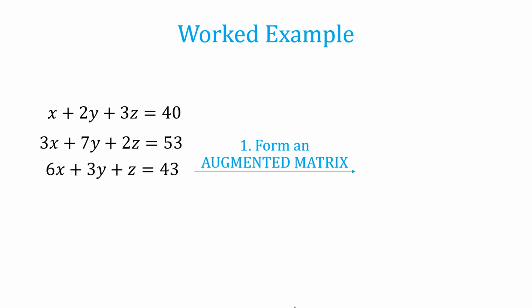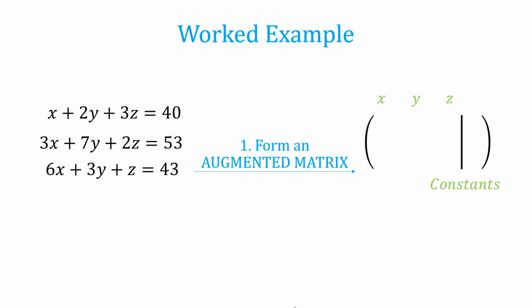The first step, like I've said, is going to be to form our augmented matrix. So let's take a blank matrix. Let's label the x, y and z and the constants, just for good habits and practice. If we look at the first equation on the left hand side, x plus 2y plus 3z equals 40, all we're doing is taking the constants before those variables and filling in the matrix.